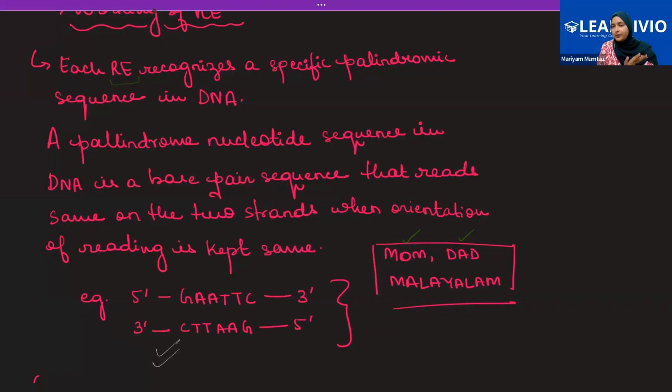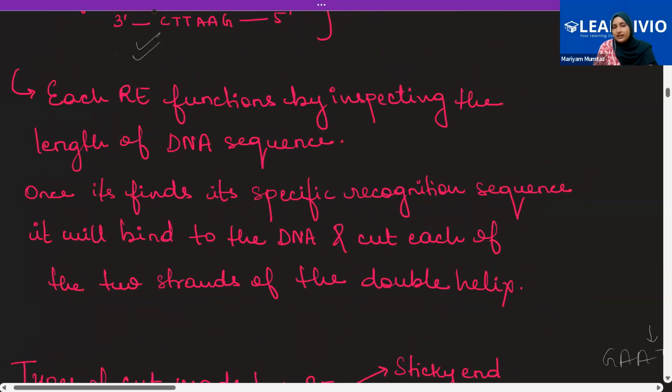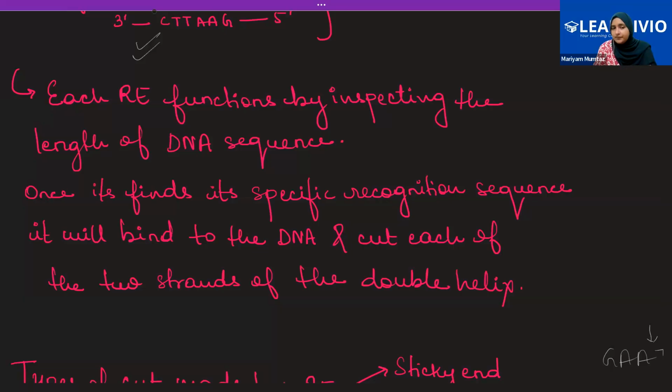If you read it from the back, it's the same thing. Malayalam, if you read it from the back also, it's the same. So they inspect the palindromic sequence and only then they cut. Each restriction endonuclease functions by inspecting the length of the DNA, and once it finds the recognition sequence, it will bind it and then cut from there.